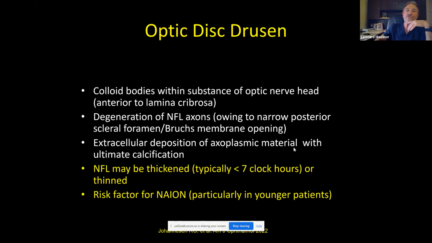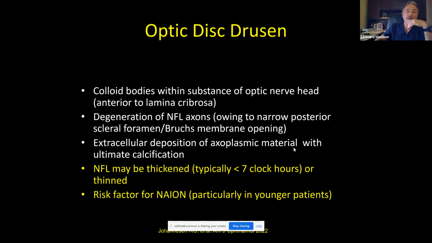Now, a couple of things that I want to say about optic disc drusen before we go into some cases. One is that over time, the nerve fiber layer will continually thin itself down, and there's really nothing that you can do to prevent that.